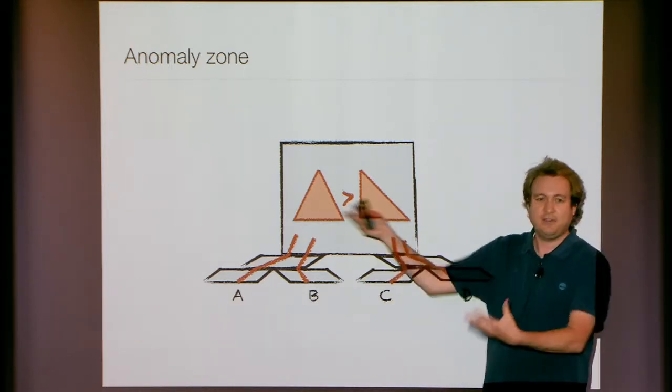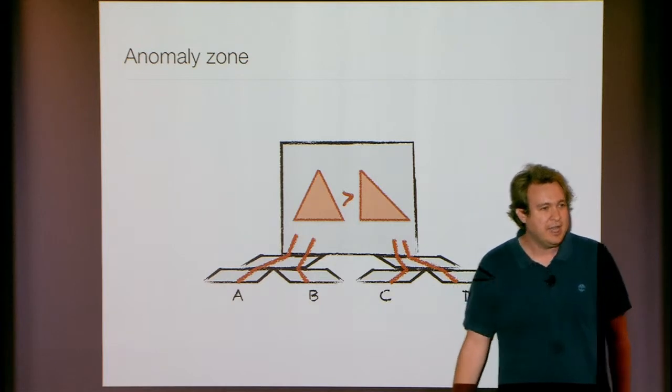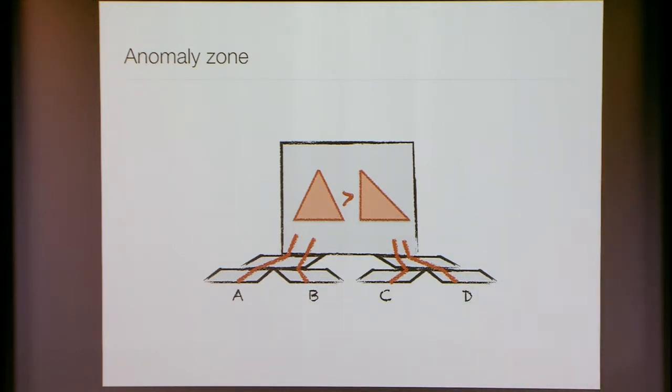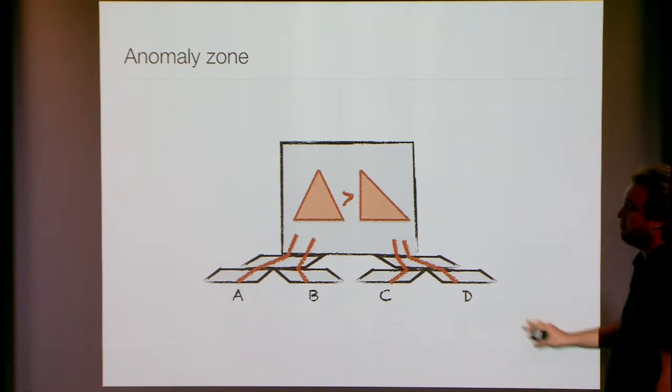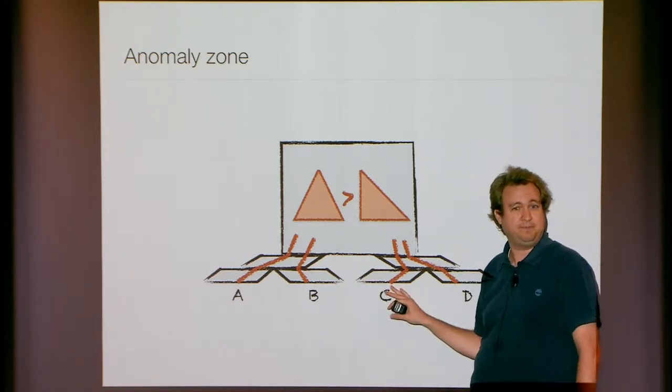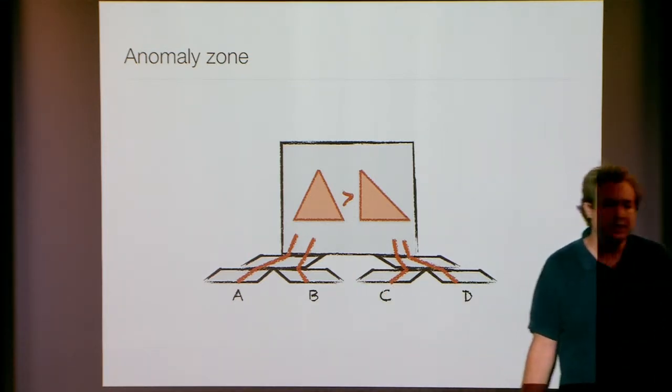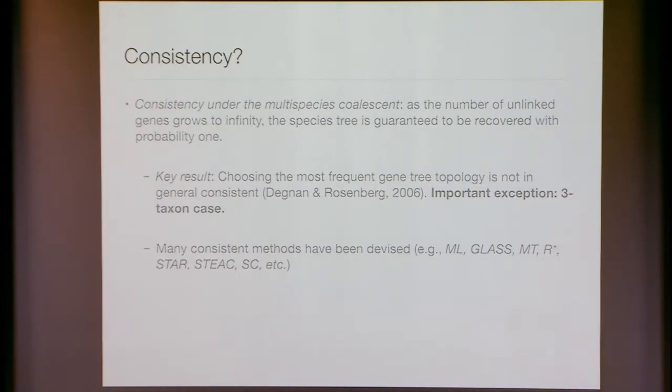The coalescent is going to tend to spit out the more balanced trees, and you can show that in cases like this, the most frequent topology of your genes is actually going to be different from the species topology. Does that make sense? Okay, so you have to be careful when you're trying to reconstruct to take that into account.